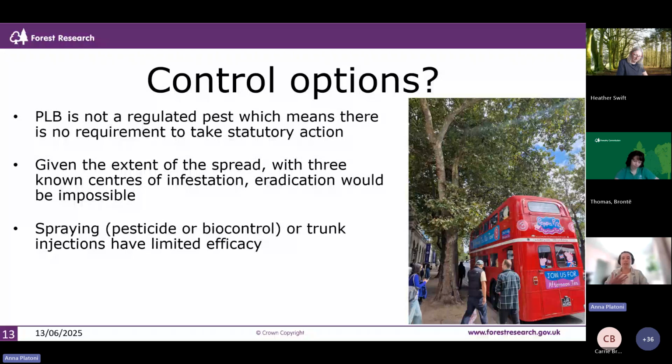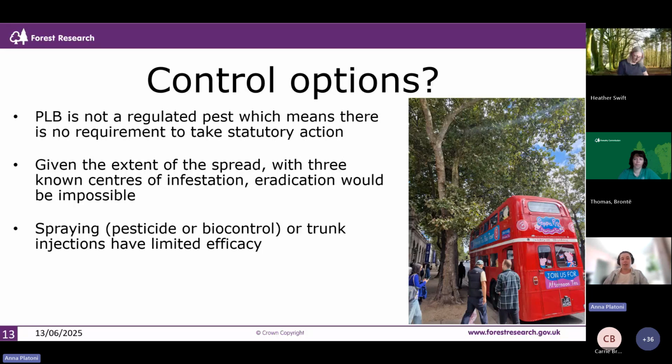So given the dispersal capability of this pest, there could well be more further afield, and one of the things I'm going to be asking you to do is to keep a lookout on your plane trees and help us answer this question.